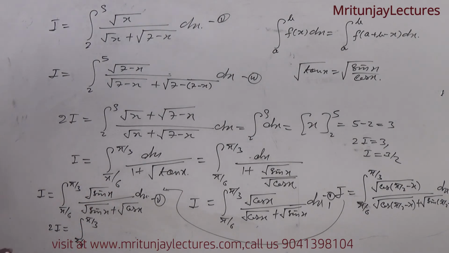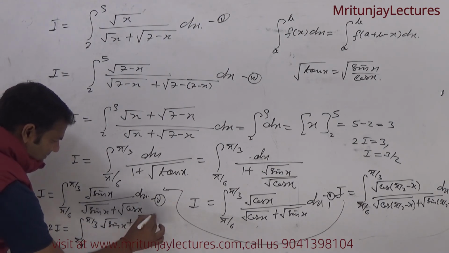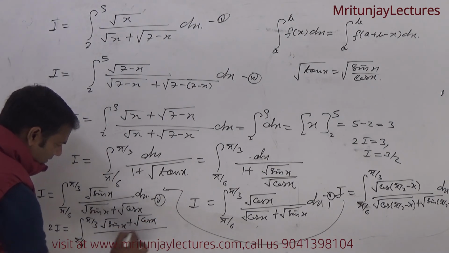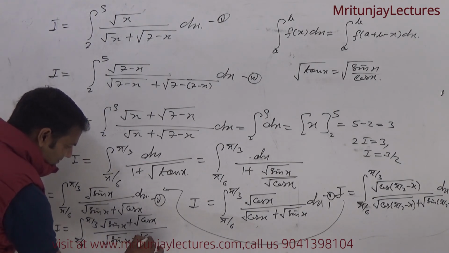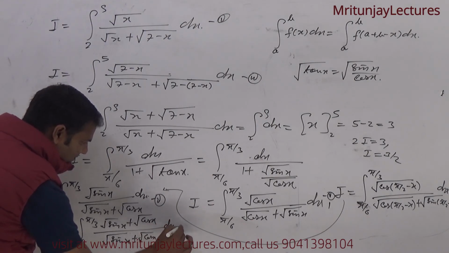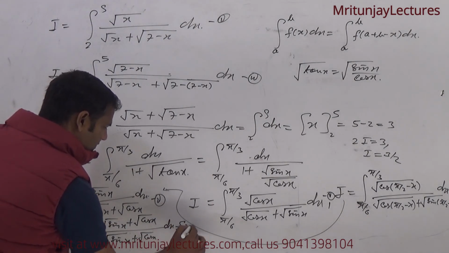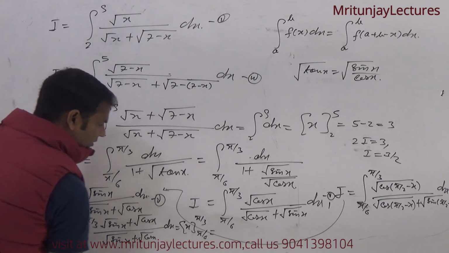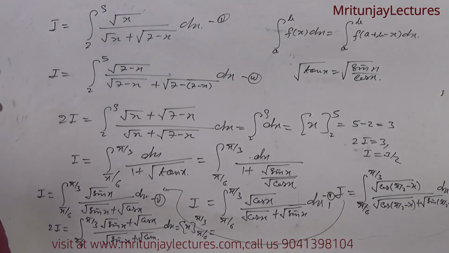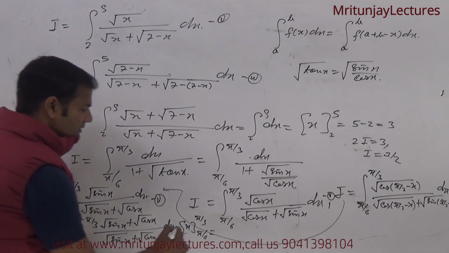So we got 1 dx, and this is x. So x from pi/6 to pi/3, and we got pi/3 minus pi/6, that is pi/6. Finally we got pi/6.